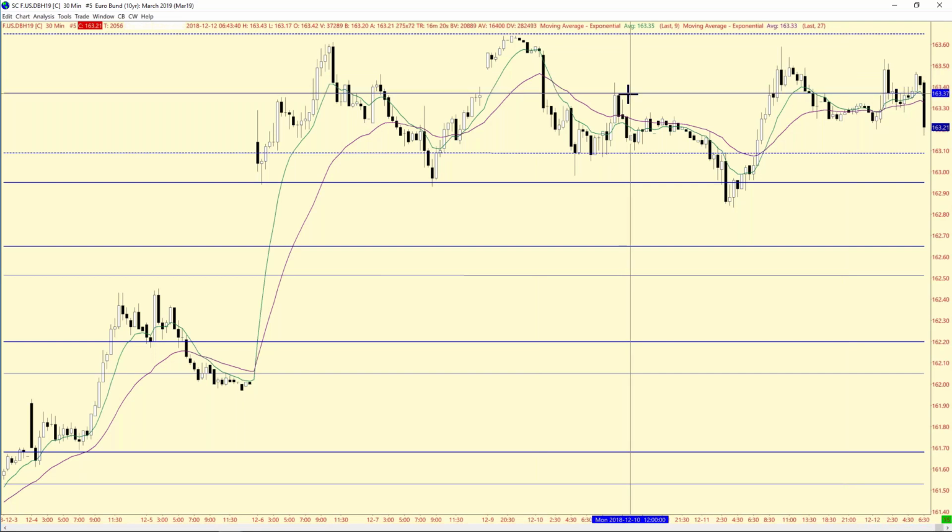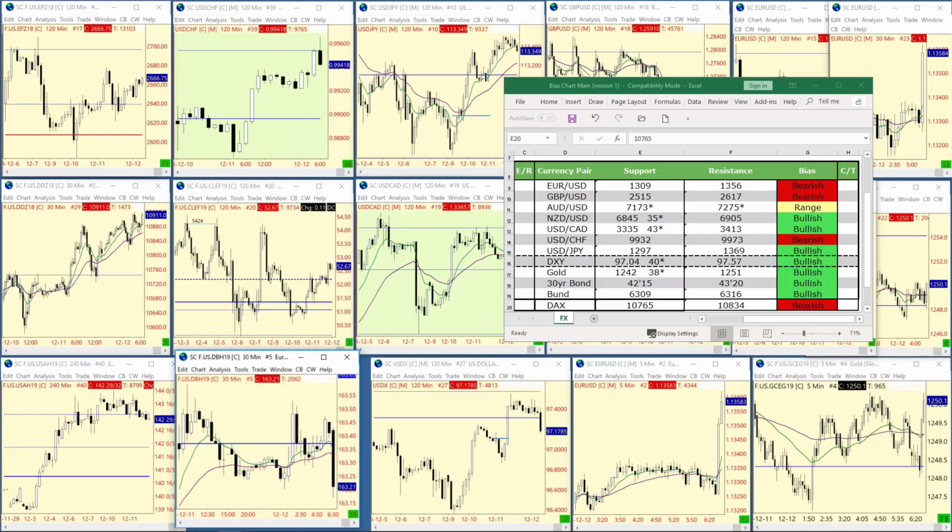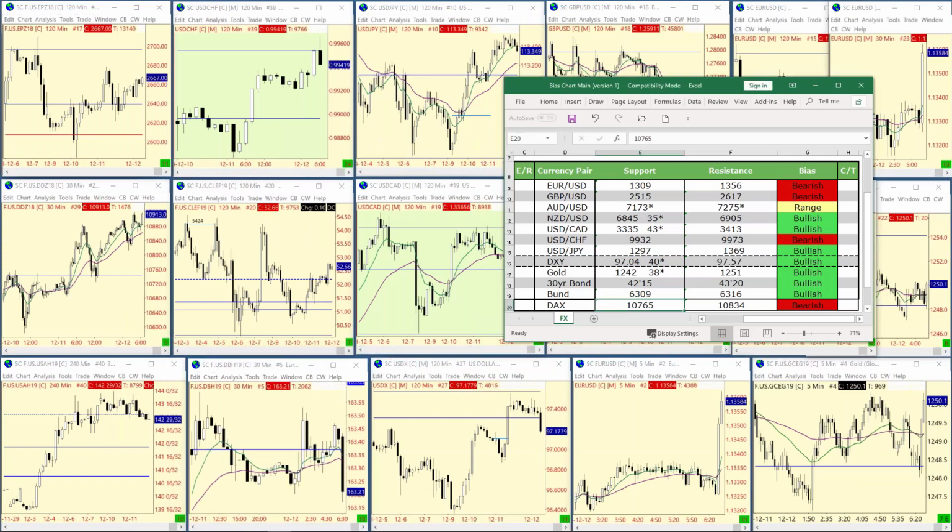Right there where it broke. 63.37. Yeah, euro just hanging around here. It's going to take a further move in the bunds to give it an extra little spike.